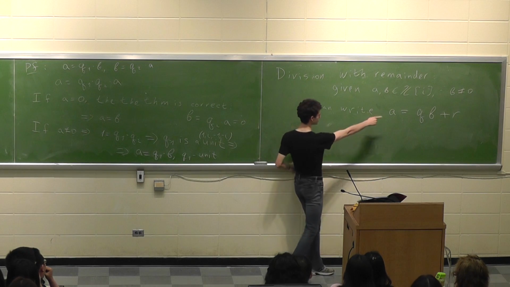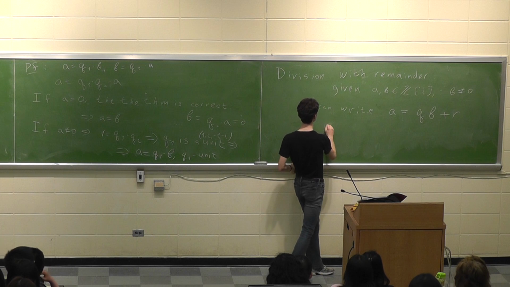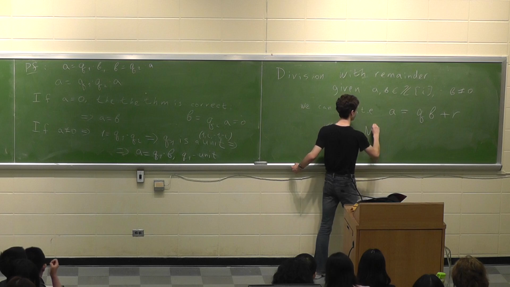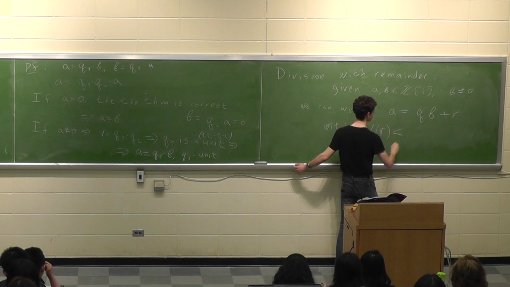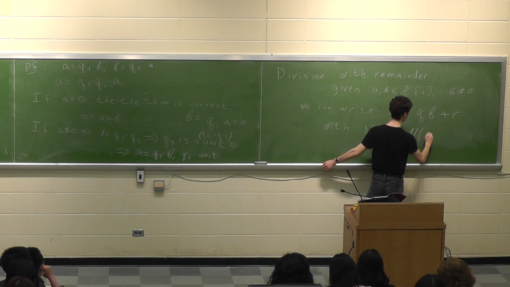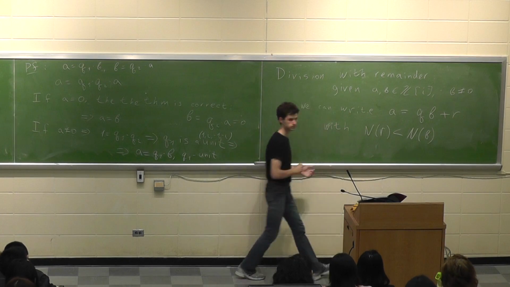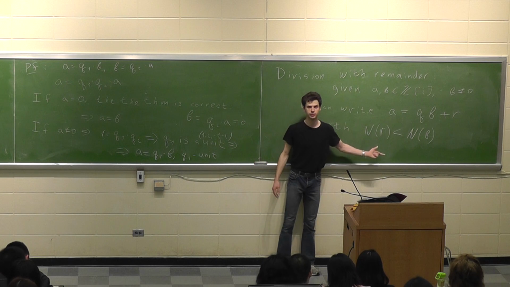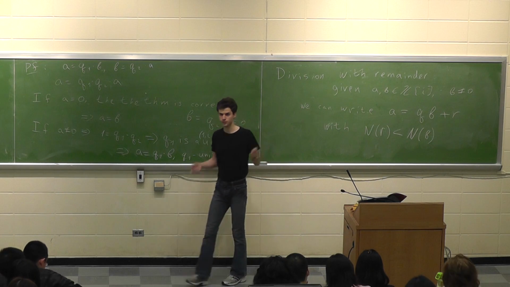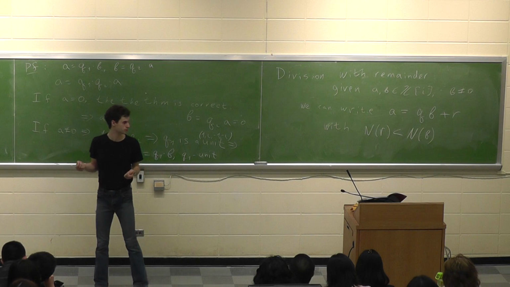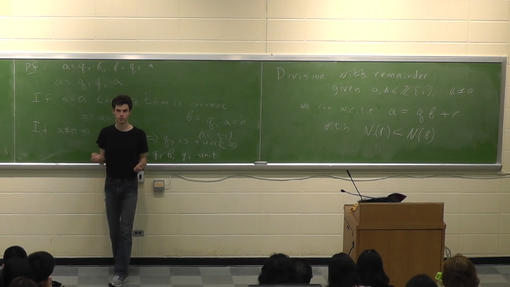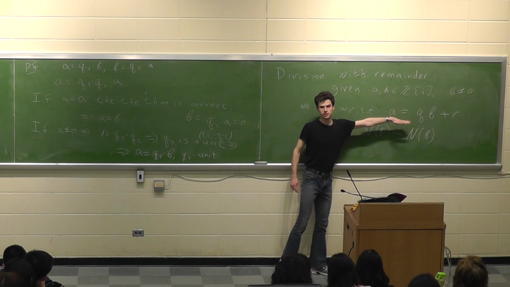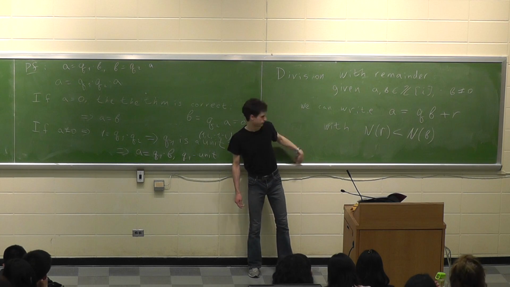So we can write A in this form with a remainder whose norm is smaller than the norm of B. The norm of any number is a non-negative integer, so we can compare them. And the claim is, well, we can always make a division with remainder.